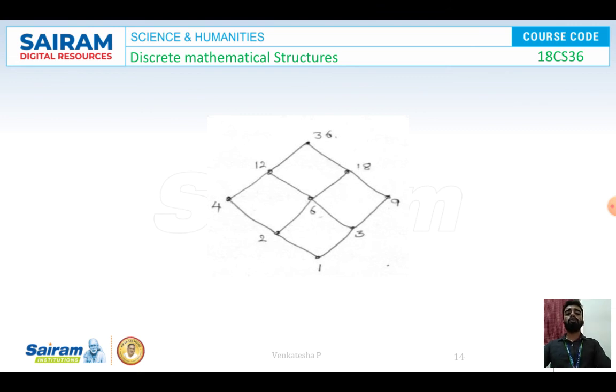Next I can plot (2, 4), (2, 6), (3, 6), (3, 9). The next edges are (6, 12), (4, 12) also I can draw, (9, 12) also I can draw, (6, 18) also I can draw here. The next edges are (12, 36) and (18, 36). This is the required Hasse diagram for the positive divisors of 36.